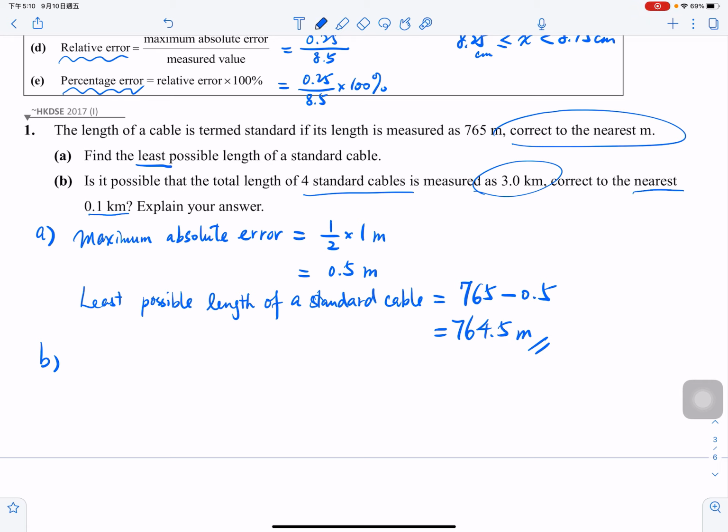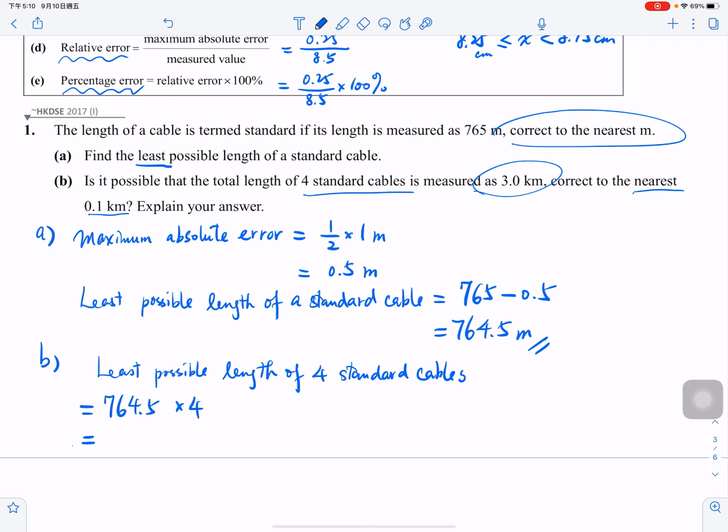So we have the least possible length of 4 standard cables. Therefore, by using the part A result, 764.5 times 4, then you found that this one is 3058 meters.